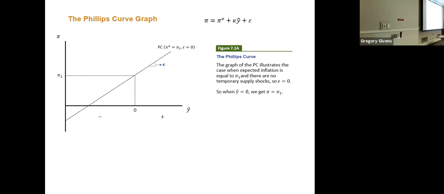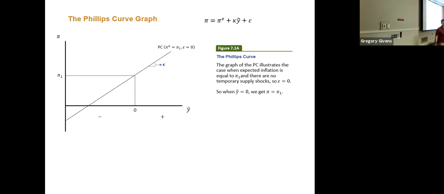So what would be the current value of inflation then, according to this graph? Well, you go to the output gap of 0, there's no supply shocks, and if expected inflation is pi 1, then what does the Phillips curve tell us is going to be the value of pi? Pi 1 plus kappa times 0 plus a supply shock of 0. So the value of inflation would be exactly equal to pi 1, right? This basically just identifies kind of the neutral point on that Phillips curve, right?